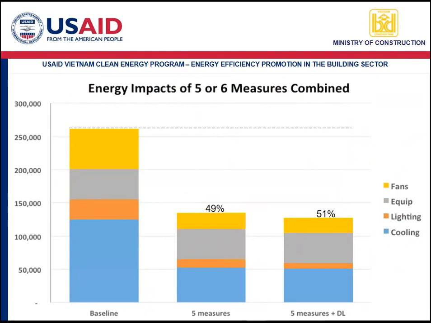And then here are the energy benefits if we combine 5 or 6 measures together. Like the ETC building we showed before, we're able to obtain 50% energy reductions by 2 different ways for this building.